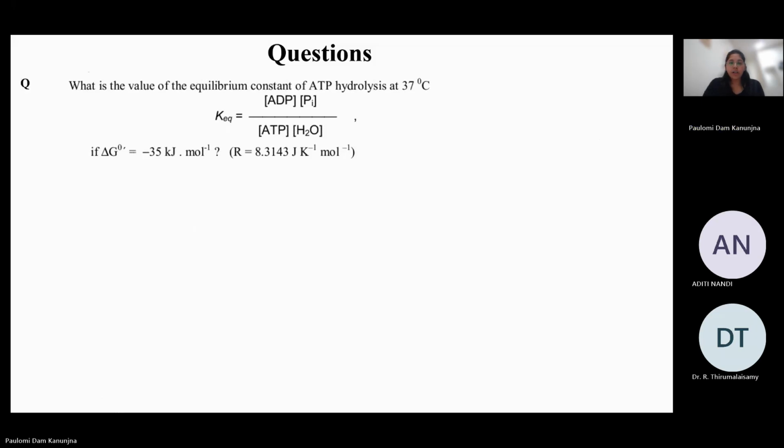Okay. All right. The next part is, so you have the Keq already given to you, and delta G is given to you. What is the value of the equilibrium constant here?